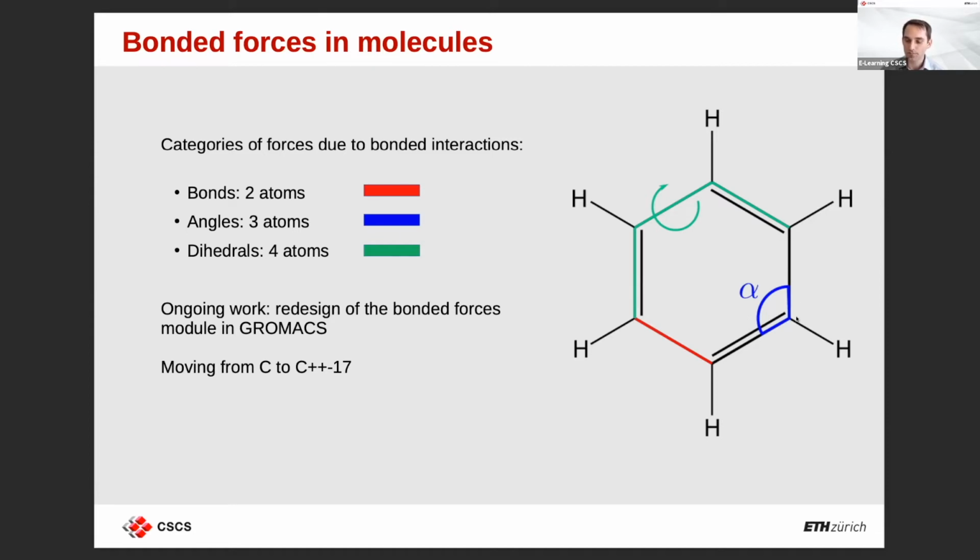That gives you the force according to how much the angle deviates from its resting position. Then you also have dihedral interactions, in this case with four atoms involved, which make sure that the ring stays planar.